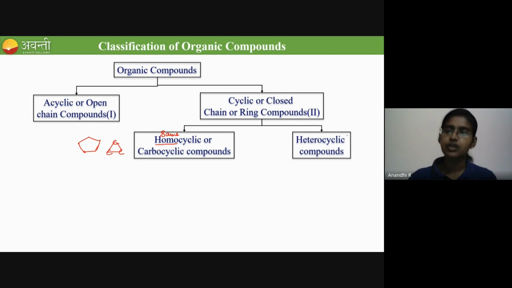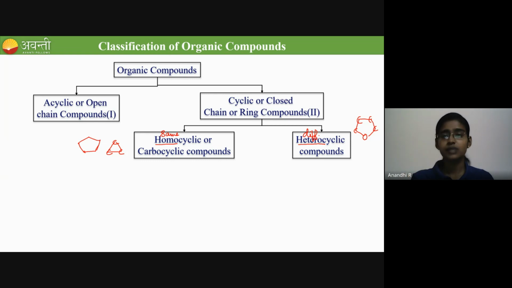If it is hetero, one of the atoms is different. I'll discuss the examples for all these in the next slide, but now I'll just make you understand. This is a heteroatom. This is a 5-membered cycle with 4 carbon and 1 oxygen. In hetero, a different atom is present. Hetero means different. That's why it is called heterocyclic.